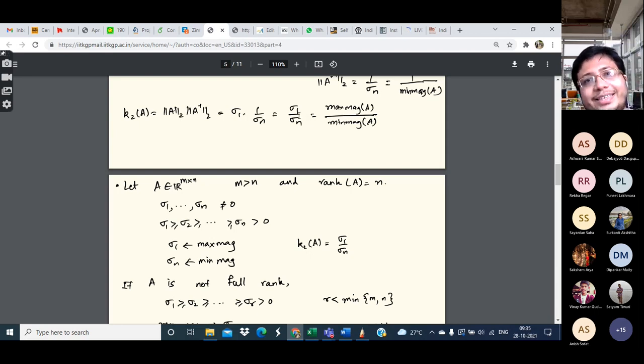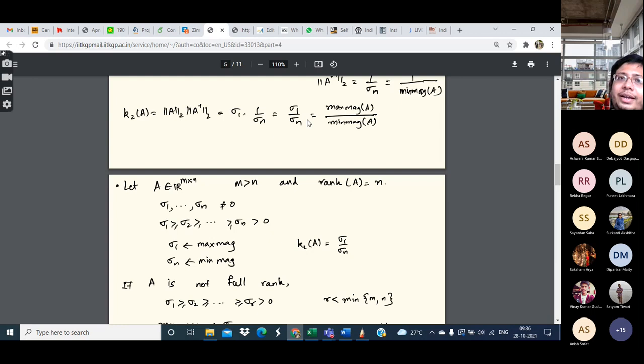Of course, it cannot be less than 1, and the least possible value of sigma 1 by sigma n has to be 1, which is the special case where all the singular values are exactly equal to each other. The other possibility is that it is somewhat close to 1, say 1.1 or 1.2 or even 2, basically some small number slightly greater than 1. In that case, we will say that A is a well conditioned matrix.